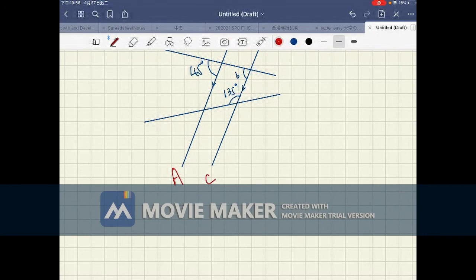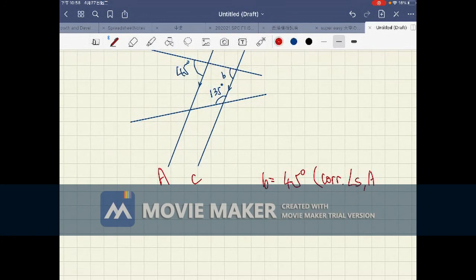Why I say it is a bit tricky is because I tricked you in this question, and you need to focus on whether it is parallel lines or not. So actually it is a corresponding angle while AB is parallel to CD. Therefore the value of B is 45 degrees.